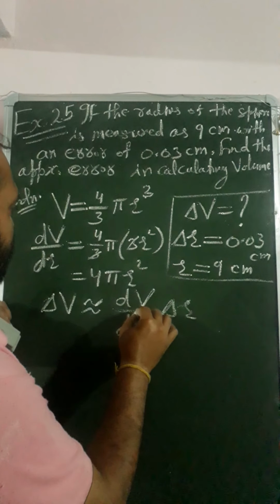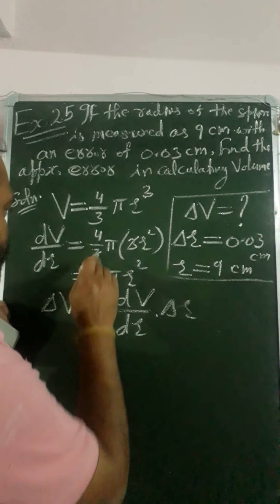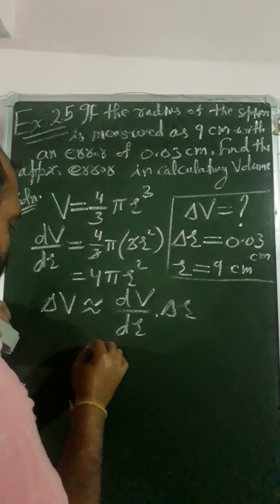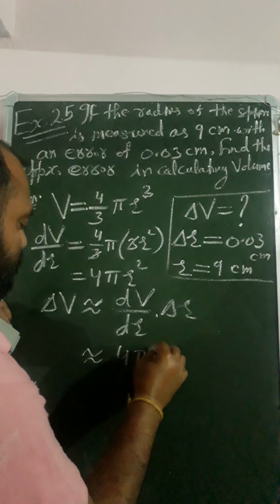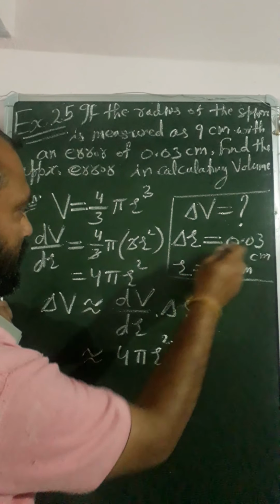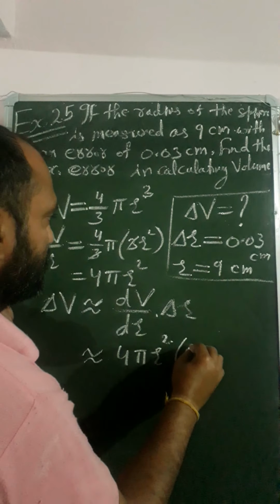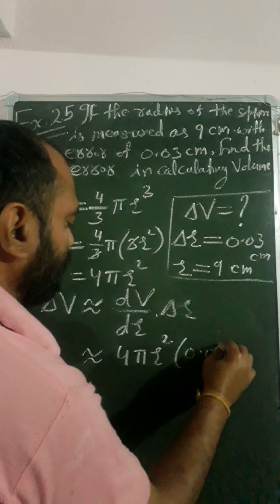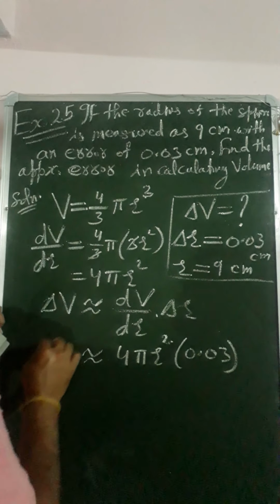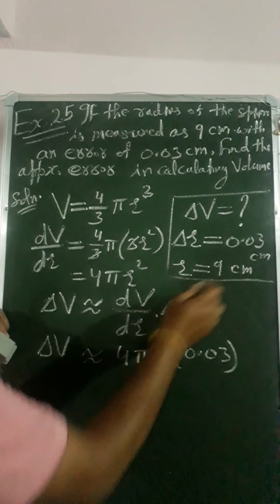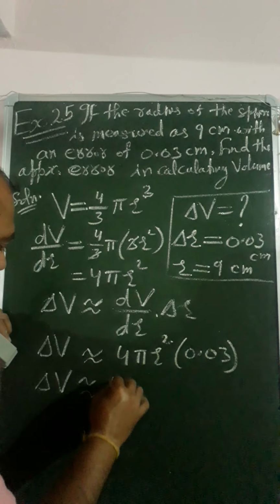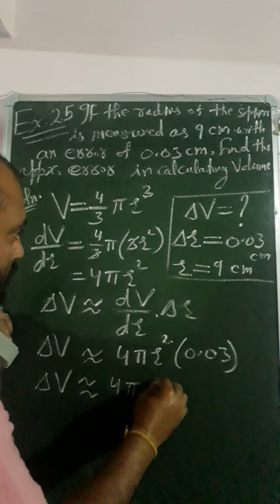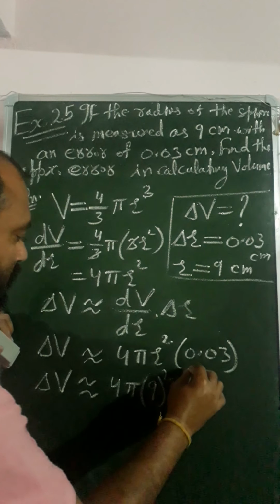So put the value of dV over dr here, 4 pi r square, and delta r is given as 0.03. Now put the value of r, that is 9.